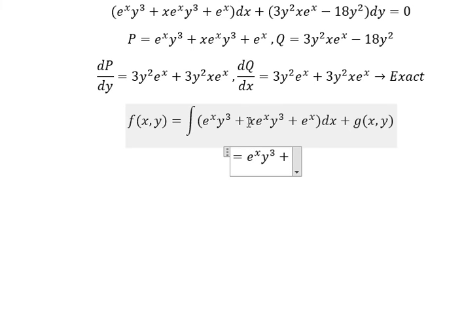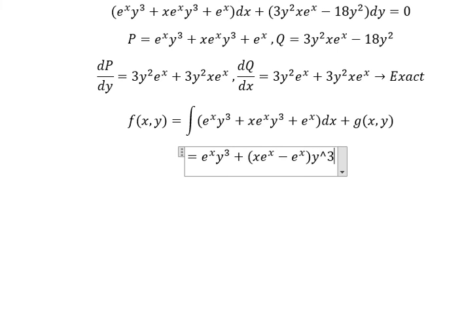So the integration of this one in here, we have se to the power of s minus e to the power of s y to the power of 3. The next one, that's about e to the power of s.